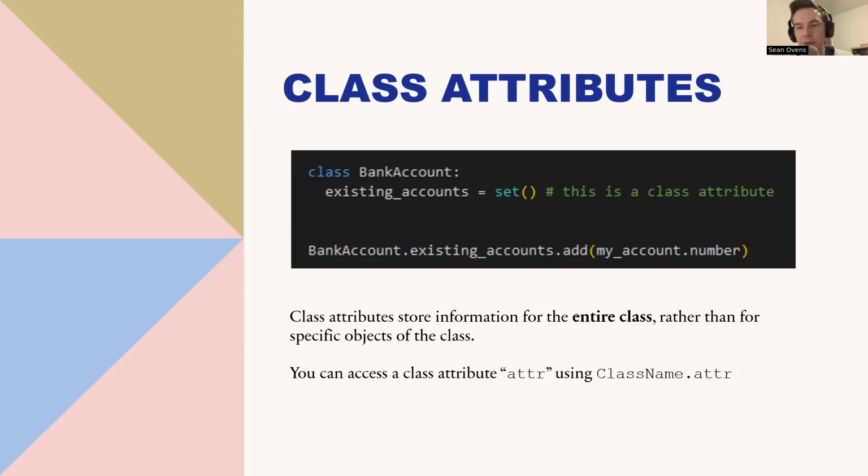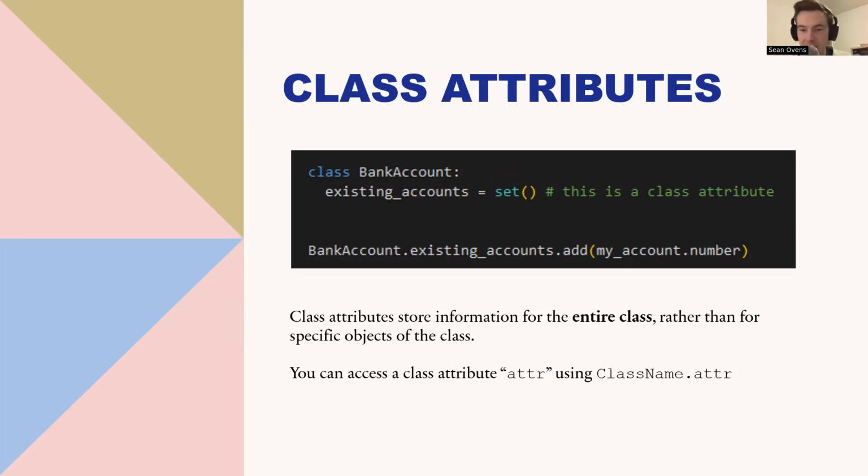We don't actually need to initialize class attributes inside of the init method. Here we're just initializing existing accounts to an empty set, and that initialization is run when Python sees your class definition. As soon as the class is defined, all of the class attributes are initialized.